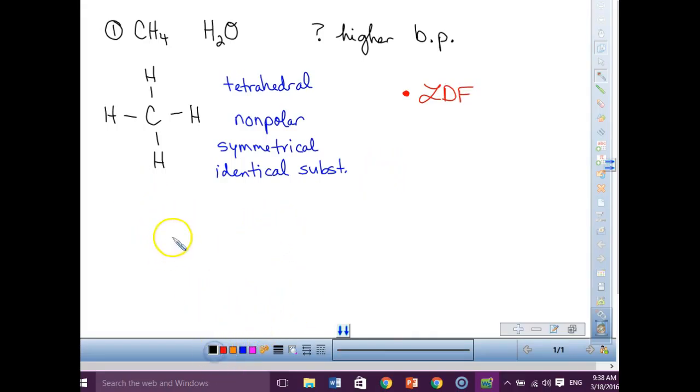Now water also has 8 electrons. What structure would it have? It's bent. And remember that bent structures are always going to be asymmetrical, which means they're always going to be polar.